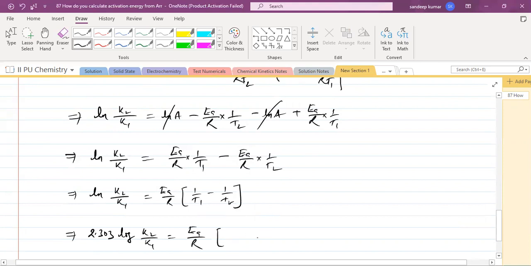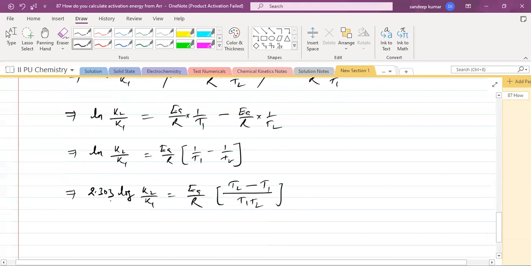Take the LCM of T1 and T2. LCM is what? T1 T2. T1 T2 divided by T1 gets cancelled, so you'll get T2 into 1, T2, minus T1 T2 divided by T2, you'll get T1. Am I clear?